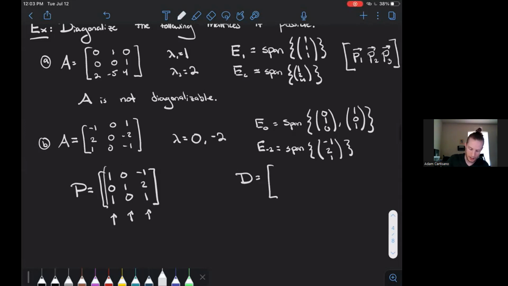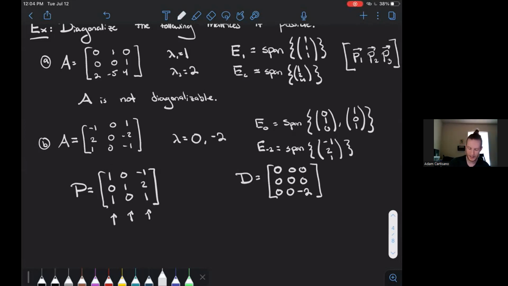So notice these eigenvectors had eigenvalue 0, and this last eigenvector had eigenvalue negative 2. Yeah, it's a diagonal matrix. Oh, a diagonal matrix has zeros off of the main diagonal, right? Okay, it's a diagonal matrix. It's a silly one. It's almost the zero matrix. Not quite. But by the way, the zero matrix is a diagonal matrix. It's just a very silly one.